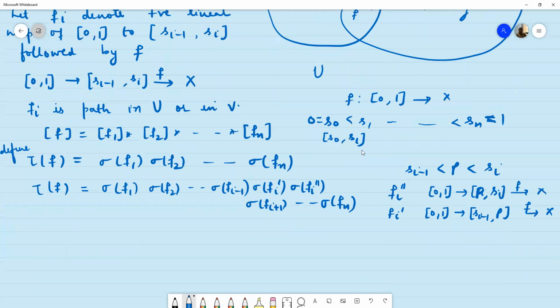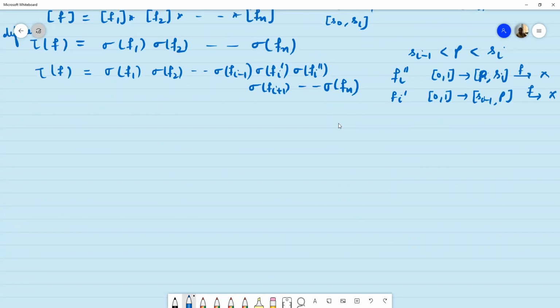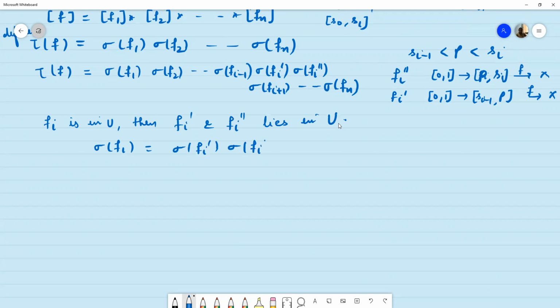But now, because we have assumed that all the fi's lie either in U or in V, if fi lies in U, then fi' and fi'' both lie in U. In that case sigma of fi will be sigma of fi' times sigma of fi'', because in the previous step we have proved that if these are paths lying in either U or V, and the product fi' * fi'' is defined, then sigma of fi' * fi'' is equal to sigma fi' times sigma fi''.